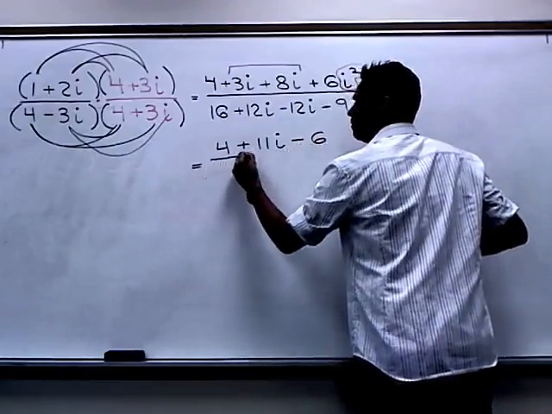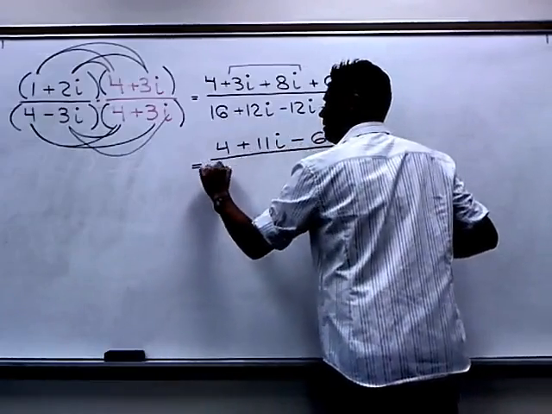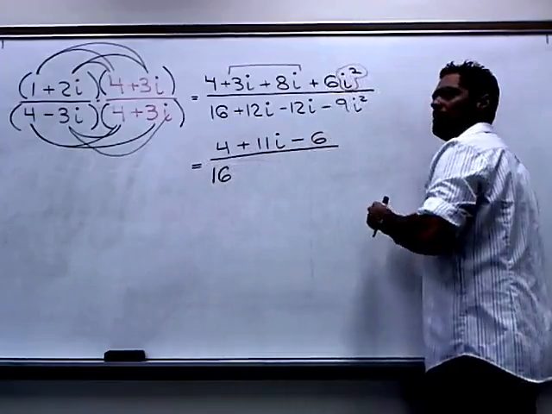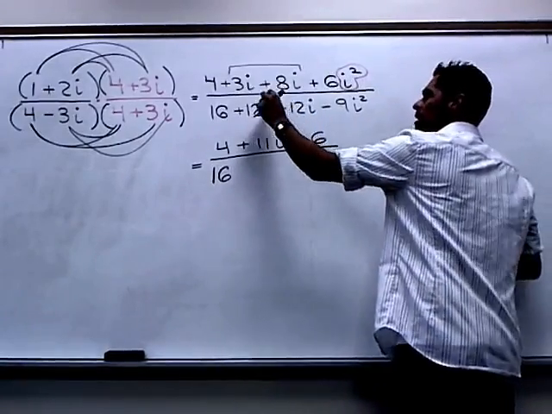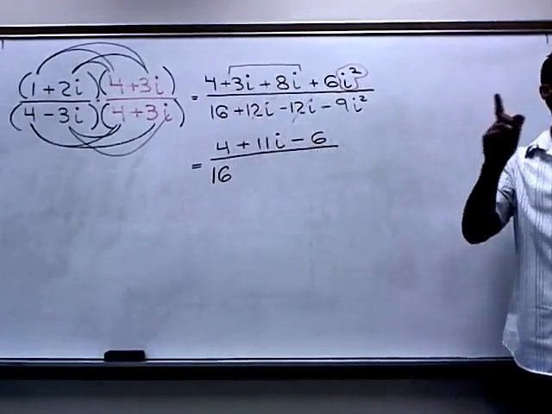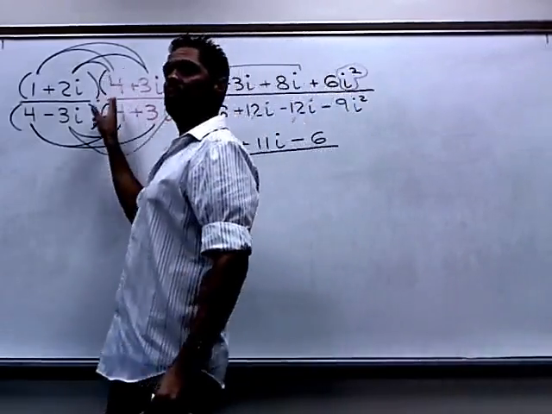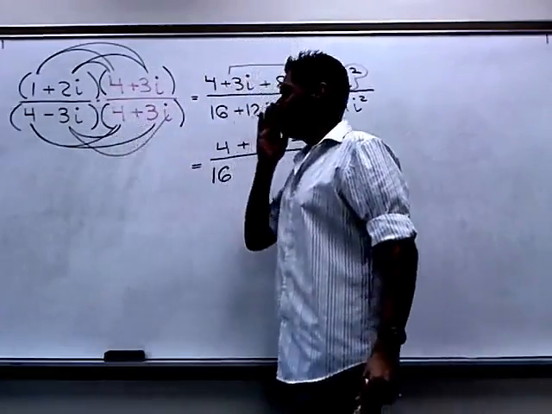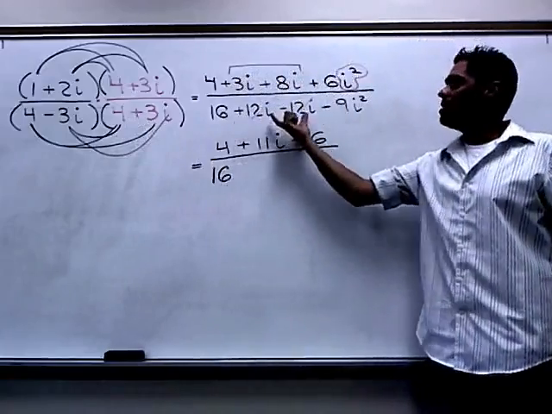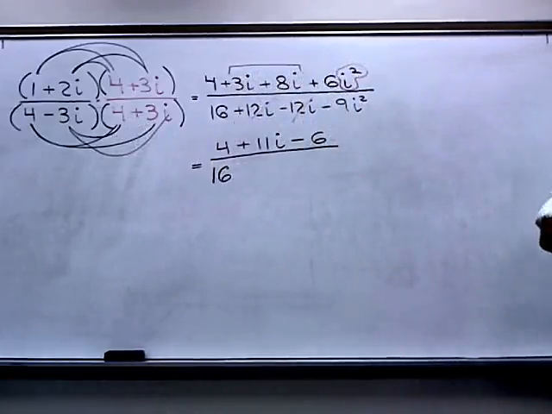On the bottom, 16. Okay, what happens to those i's here? They cancel. And look, if you always come in with the complex conjugate, you will always get your middle terms down here to cancel. It will always happen, which is why we do it.